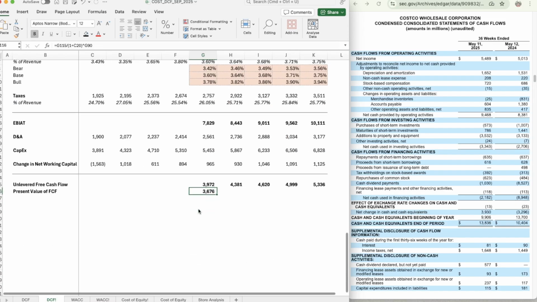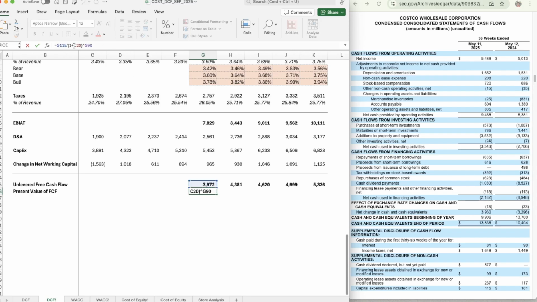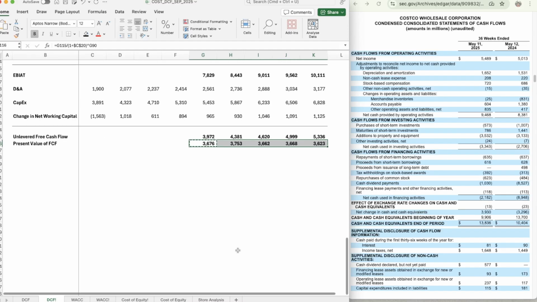There we go. But remember, lock in your WACC. And then just pull it across, and there you have it. The present value of the future free cash flows forecasted are as follows there.